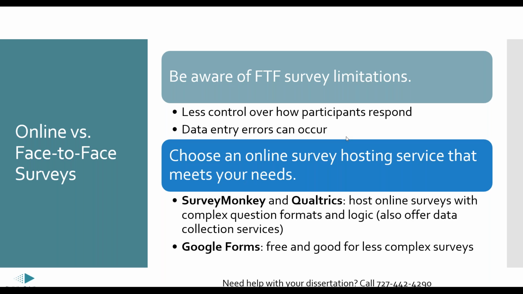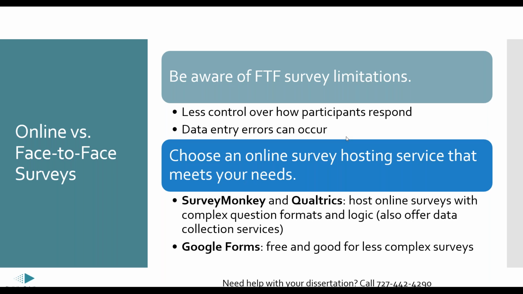So there are all kinds of issues with face-to-face surveys that you can't really control, or you have far less control over, where participants can fill out the survey incorrectly, or there might be ambiguities in their responses. And this can also lead to potential errors in data entry.